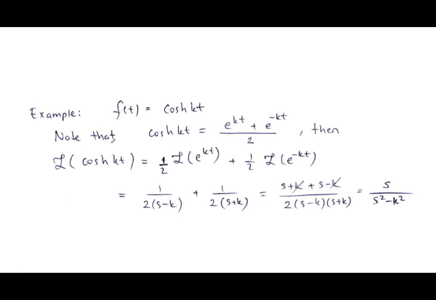In this example, suppose we want to calculate the Laplace transform of the hyperbolic cosine function, cosh kt. In order to calculate it, we can use the property that gives the hyperbolic cosine function in terms of the exponentials e to the power kt and e to the power minus kt, divided by 2.